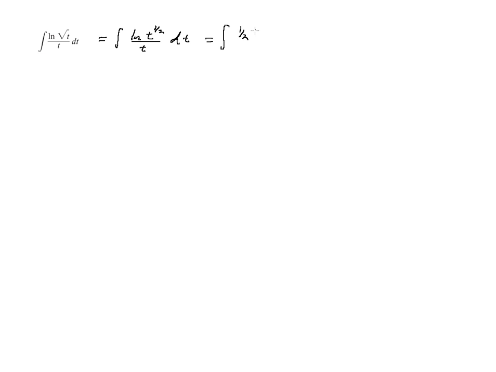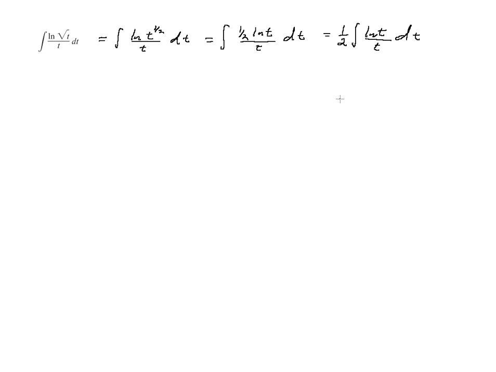Now you have 1/2 times the natural log of t over t dt, and I can factor out that 1/2. Now the u substitution is much more direct than it would have been before.